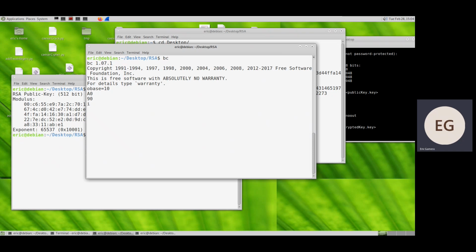So input base equals 16. This is what I have to do. So if I do A0 is 16 times 10. Okay, if I put, for example, let's put 100, it will be 256. Okay, 100 in hexadecimal is 256.